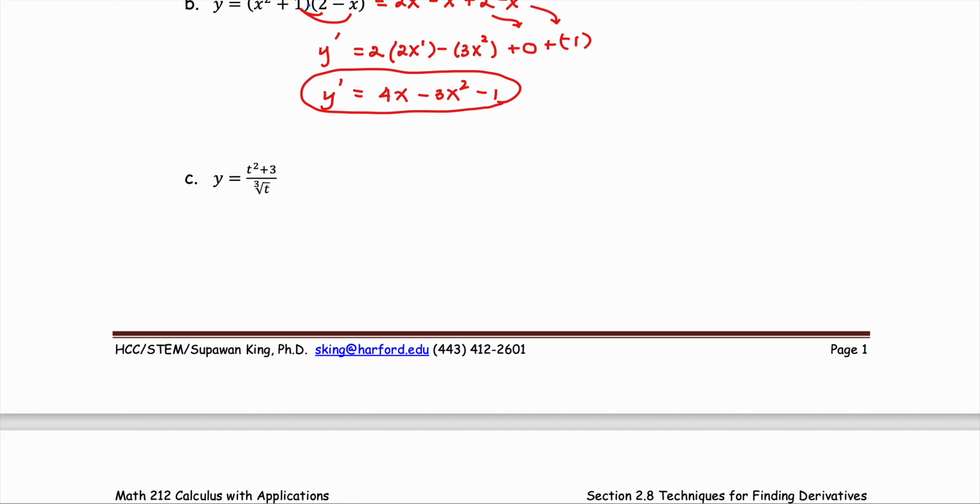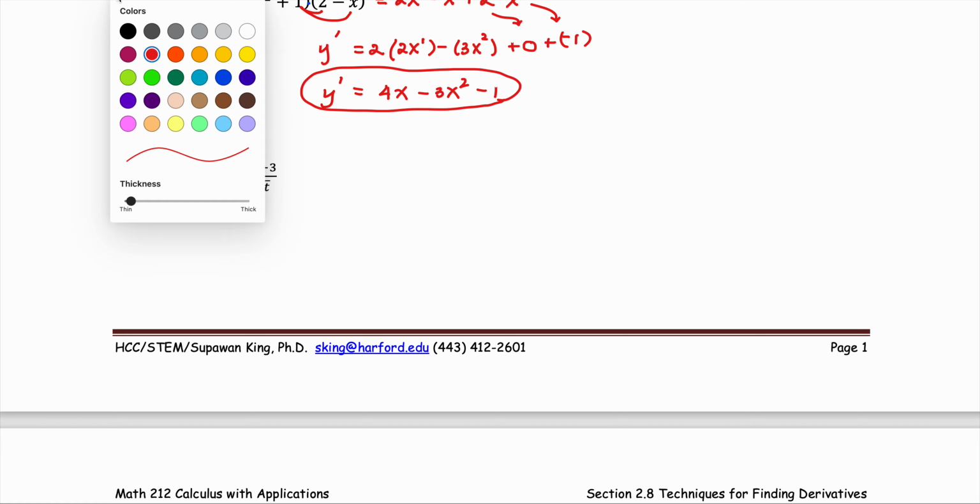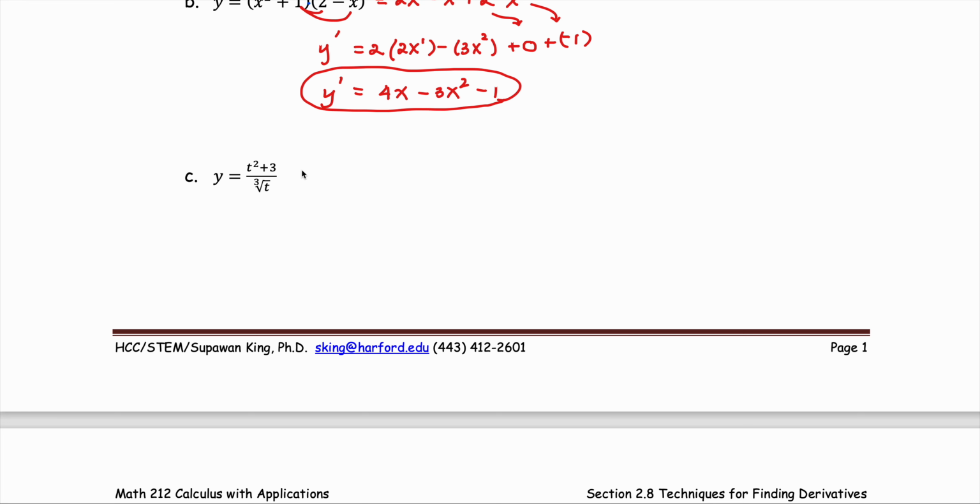Now, we look at part C. Part C is, now it's in the quotient form. Again, at this point, we do not have the quotient rule, so we're going to go back to the basic by simplifying algebraically. This one we can simplify as make sure everything in the power form. The numerator already in the power, but the denominator is in the radical form.